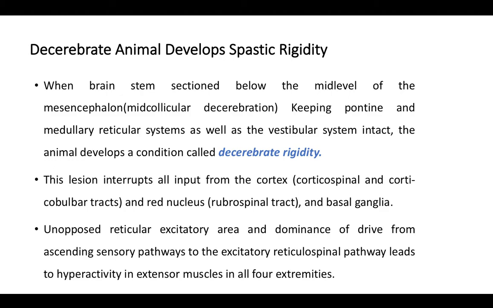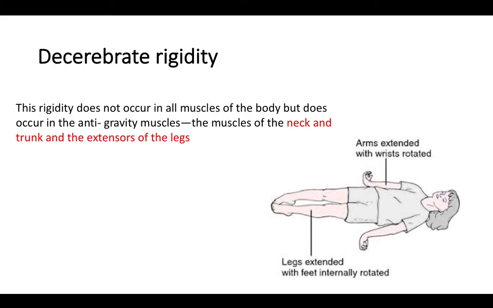And third, dominance of ascending sensory pathways to the excitatory reticulospinal pathway, which can lead to hyperactivity in extensor muscles in all four extremities. So this is how the picture looks; you can see it again, the neck, the trunk and the extensors of the legs, all these muscles will be abnormally tense or hyperactive.